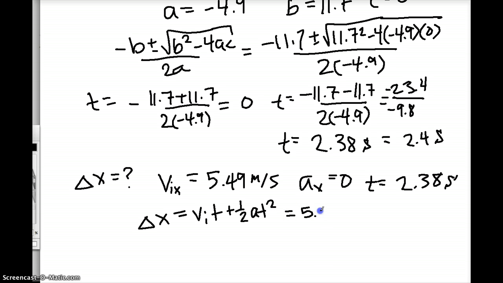This is going to be 5.49 times 2.38, and acceleration is 0, so I'm not even going to bother putting that in, but that's 2.38 squared. This whole term goes away, so the change in the x direction is just 5.49 times 2.38.